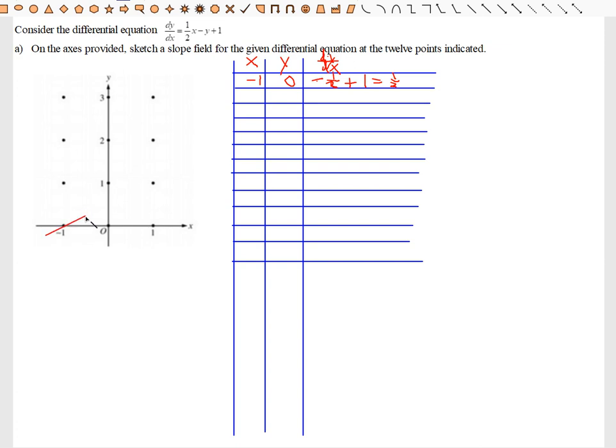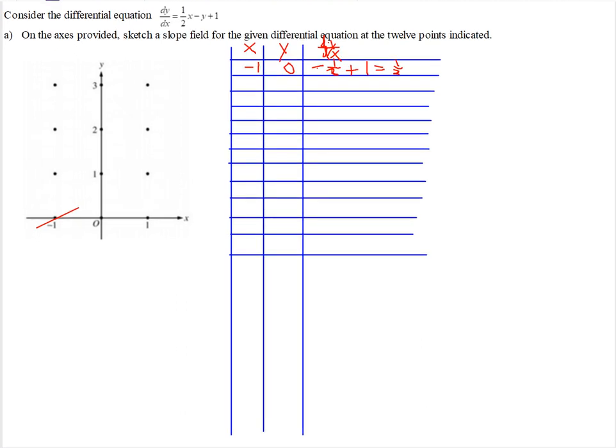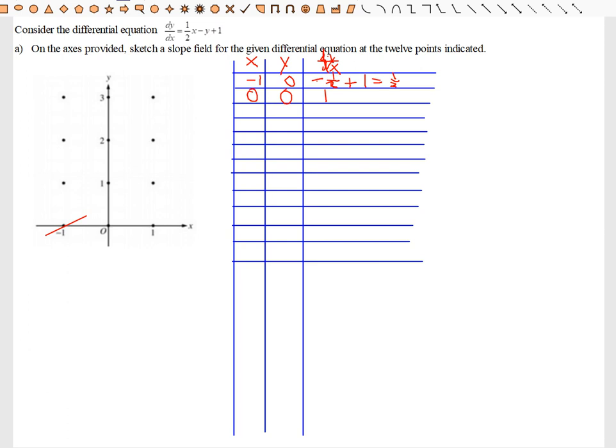And you don't have to be perfect, just do it as close as you can to it. Then let's go ahead and substitute in the origin 0, 0. So 0, 0 wipes out both of those, so you're just left with 1. So the slope there is 1, up 1, right 1.